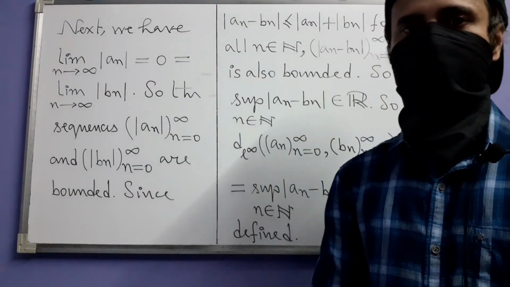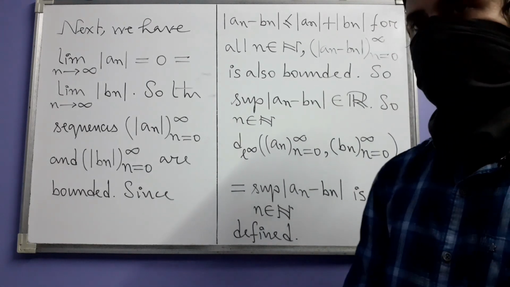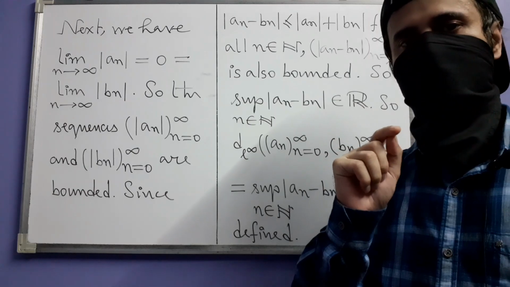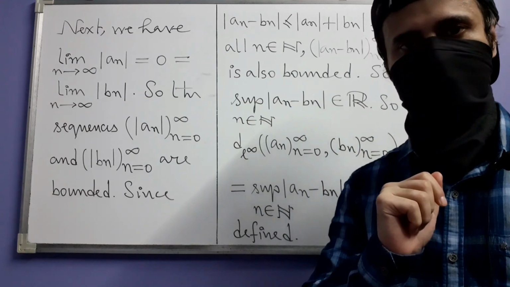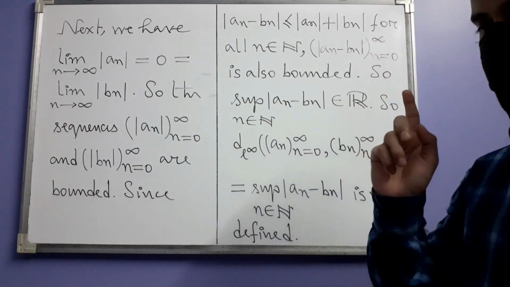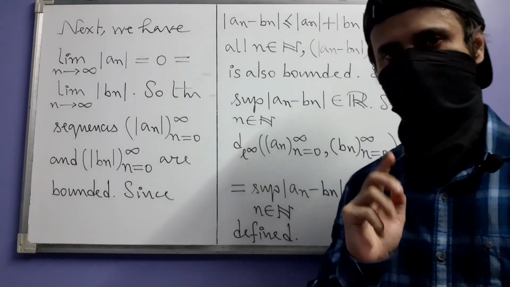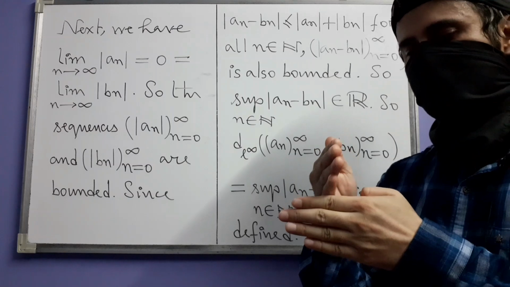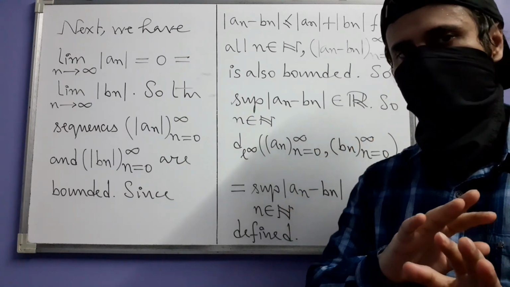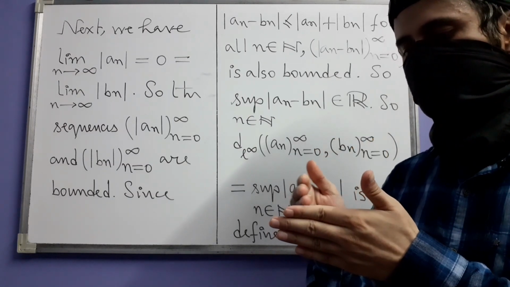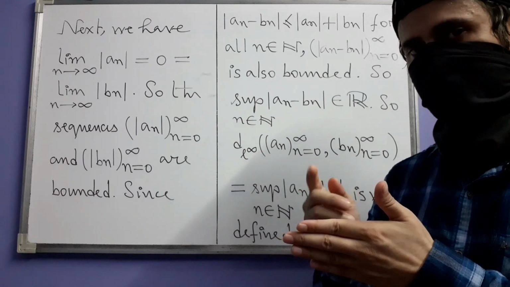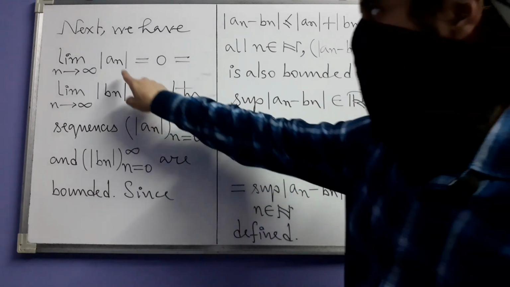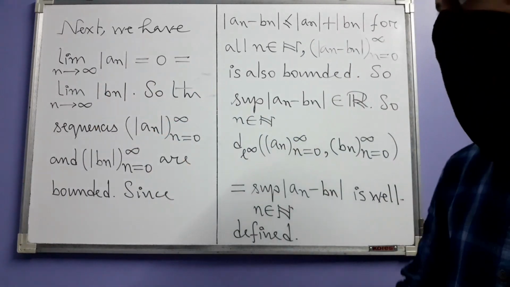For the dl infinity function, we again consider the two sequences an and bn for which summation mod an and summation mod bn are convergent. Now you recall that necessary condition for convergence of any series of real numbers. If a series summation xn converges to some real number, then the sequence xn converges to 0. By that we have these limits.